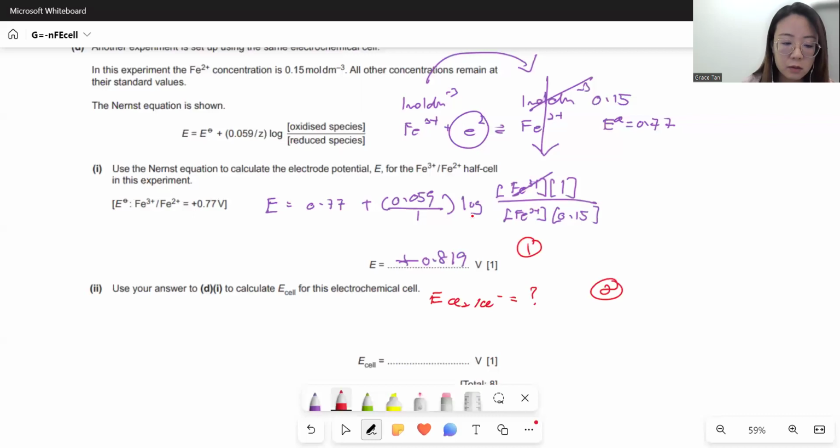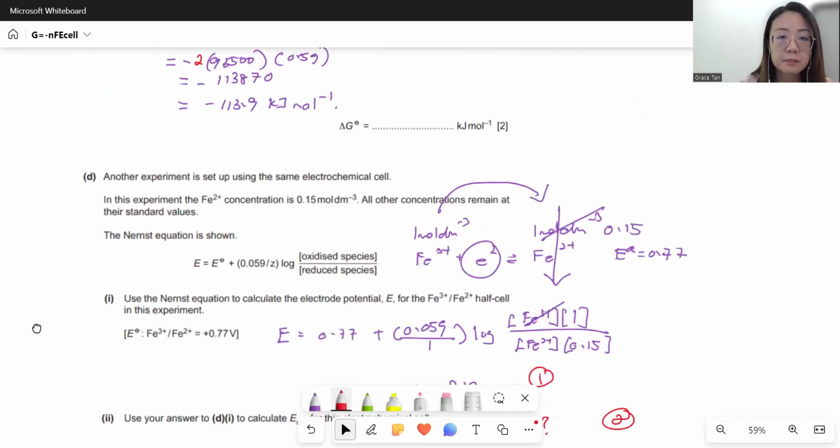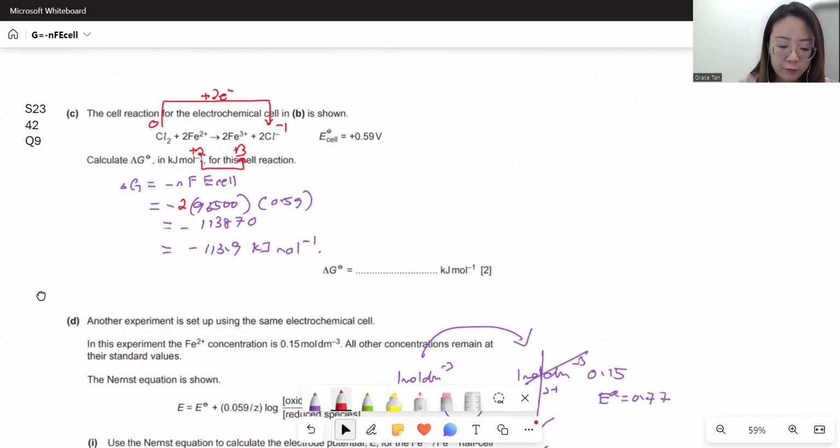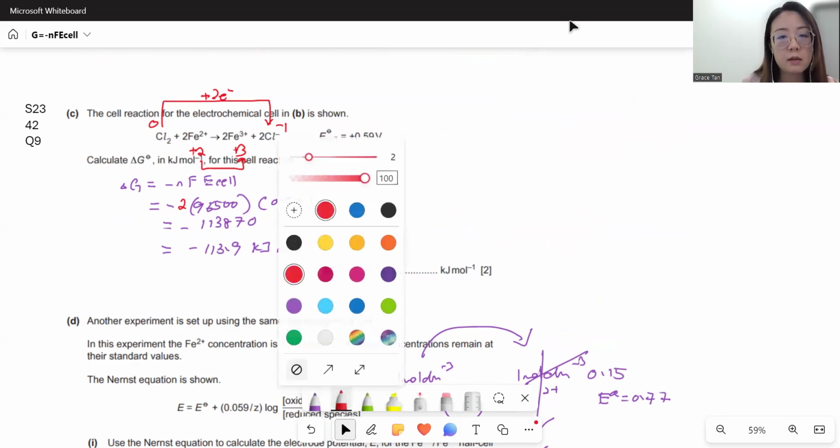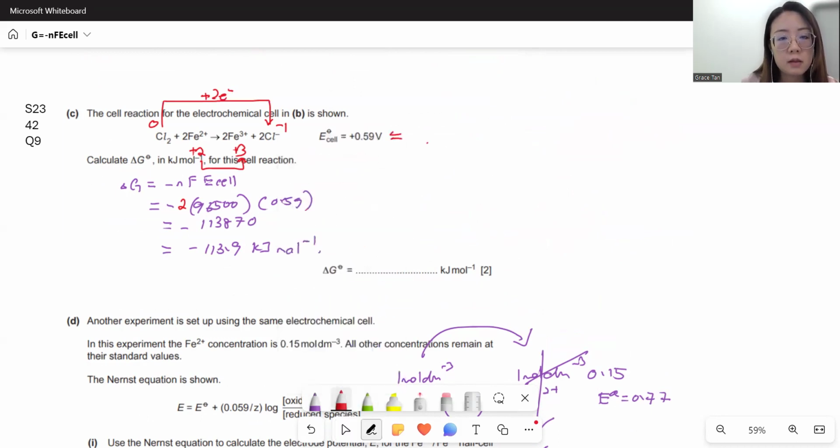Now, since above here, 0.59, we know that this is 0.59. So 0.59 is a more positive number minus a less positive E value.